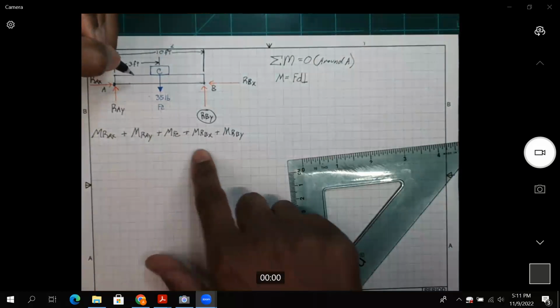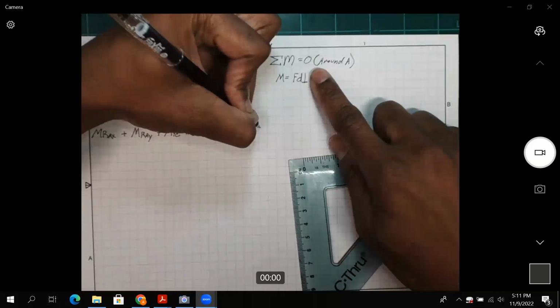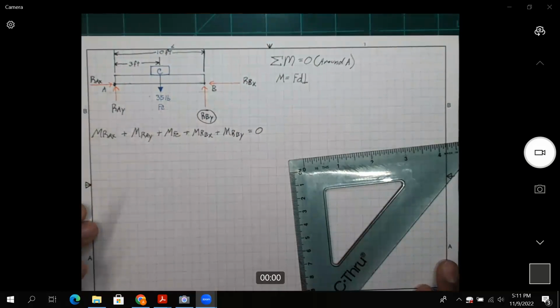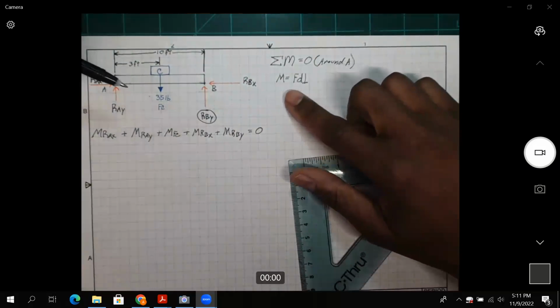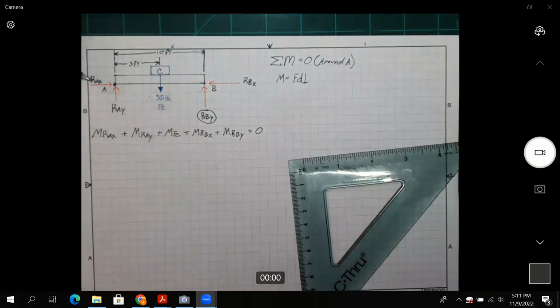And all of those moments must equal 0. Now, since our moment equals force times the perpendicular distance, we have a force, R_AX.